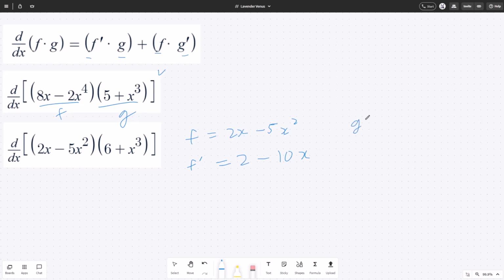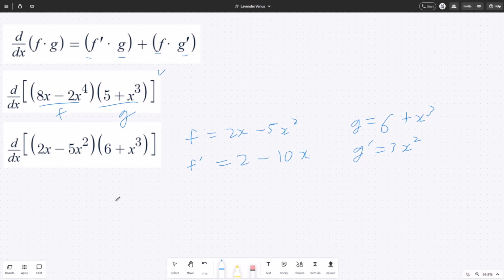Next, g is equal to 6 plus x cubed, and g prime is equal to, once again, the constant becomes 0, and the second part becomes 3x squared. The 3 comes to the front, and we subtract 1 from the power.